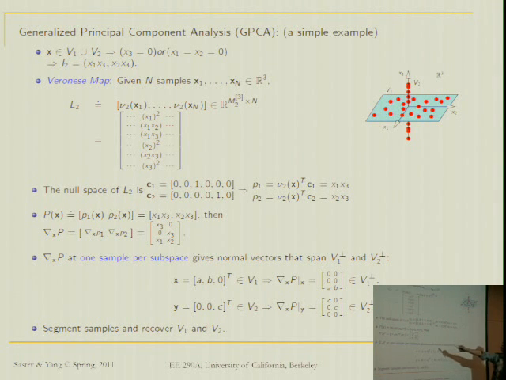Then you take the derivative of P1 and P2, and evaluate the derivative of P at one sample per subspace. You get the orientation of the normal vectors perpendicular to V1 and V2. From there, you will be able to separate the samples and also recover the algebraic models for V1 and V2. This is the summary. OK? Any questions?